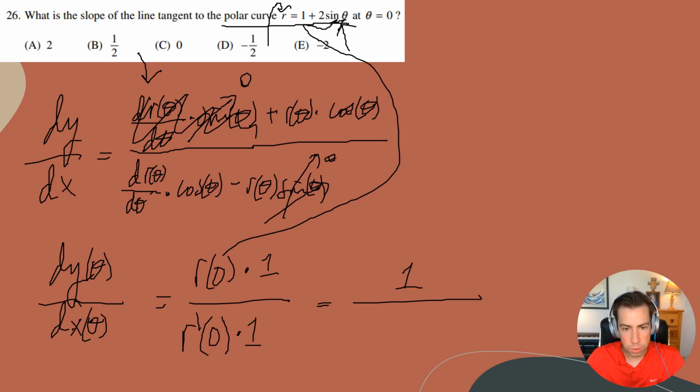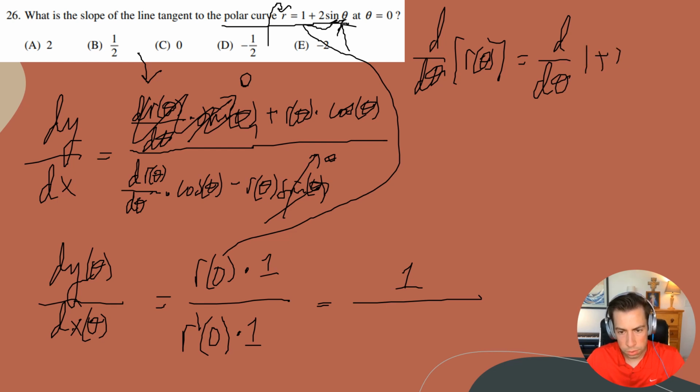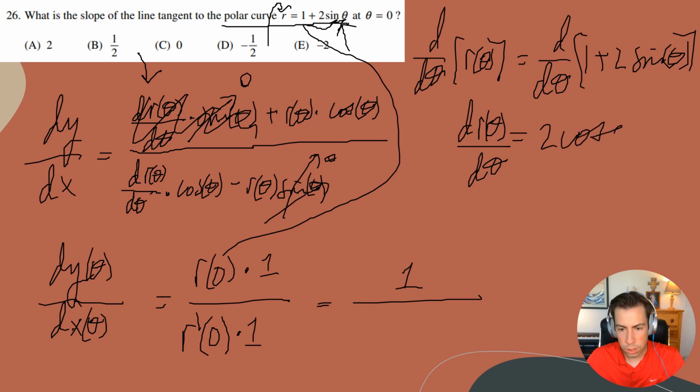So d/d theta of 1 plus 2 sine of theta, and whenever I do that, I get dr/d theta equals 2 cosine theta.